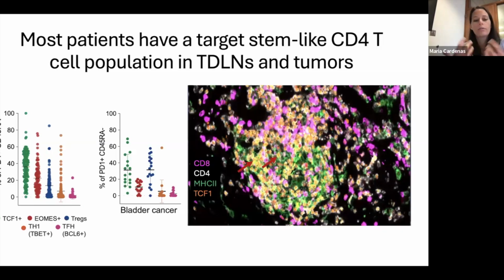It is waiting for the right signals to actually undergo good canonical CD4 differentiation. And so maybe the next set of therapies is really targeting this TCF1 CD4 that is malleable and targetable, and when it undergoes the proper differentiation trajectory, it really pulls the anti-tumor response together and helps the CD8 response to actually do the right thing.